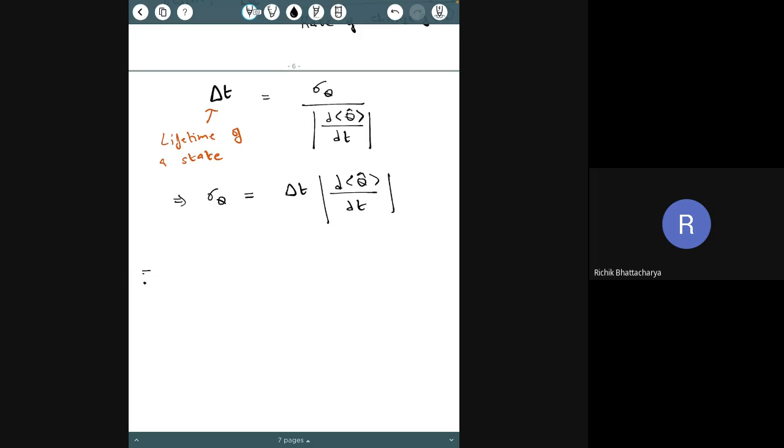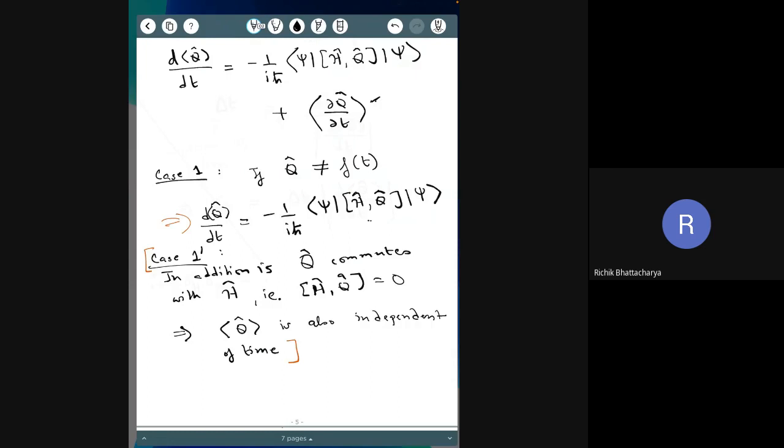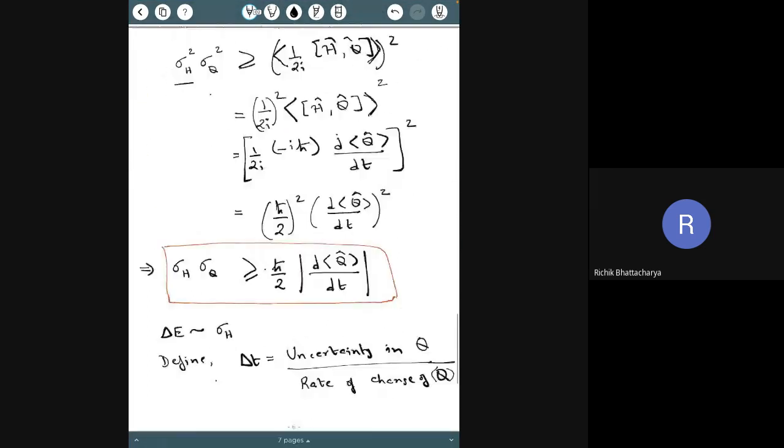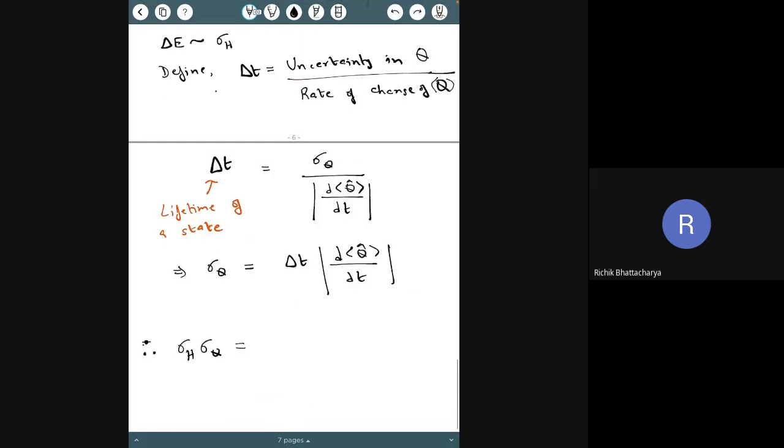And therefore, sigma h, sigma q is equal to delta E, delta T, dq dt.